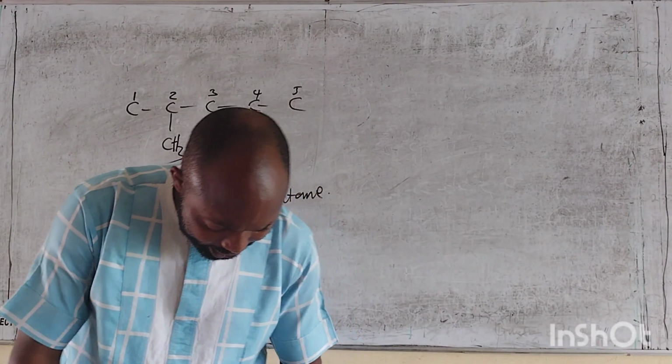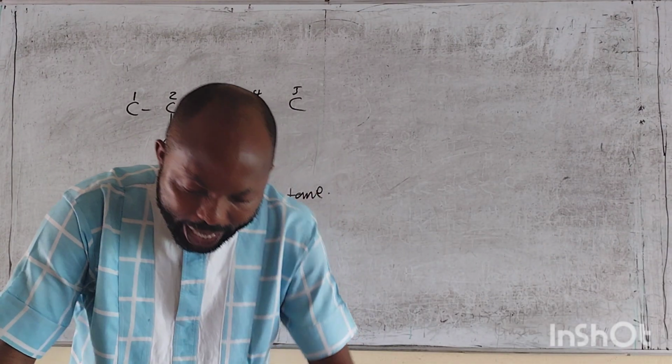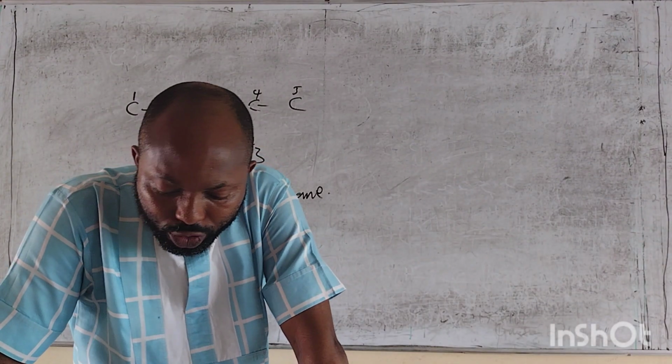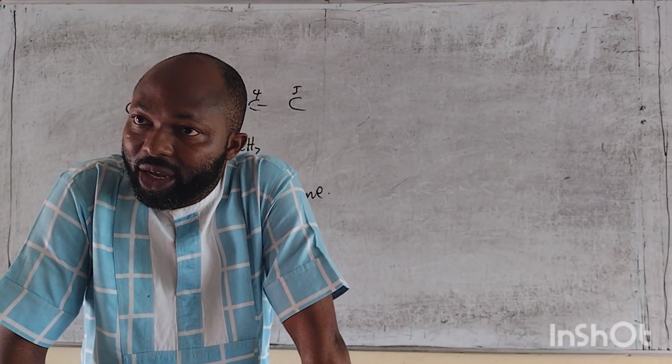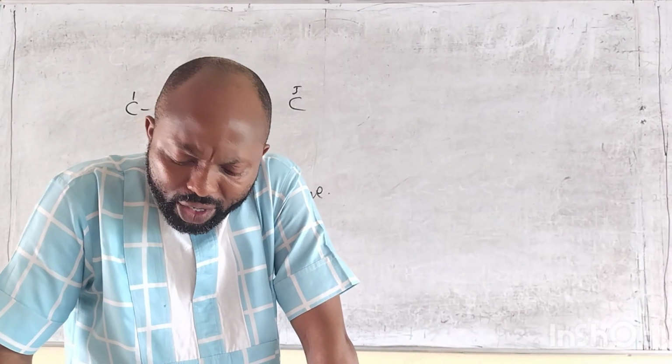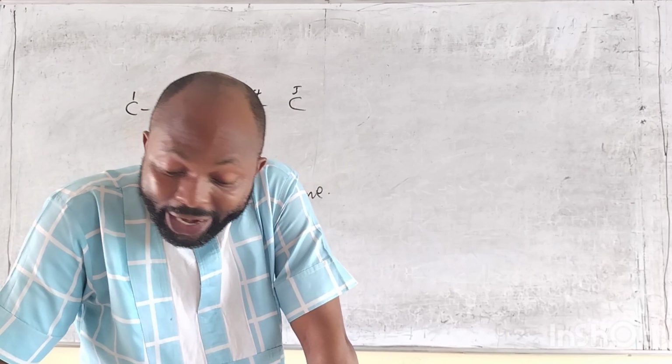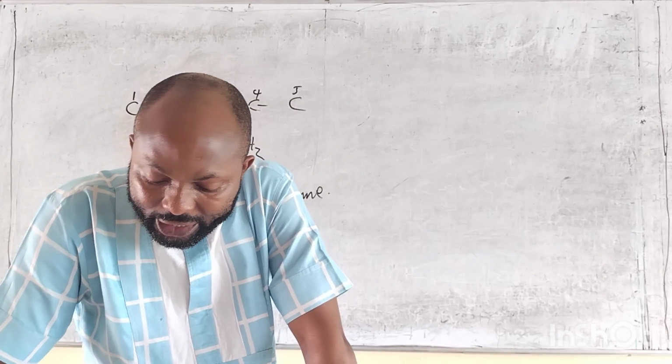Let's move further if we have more rules. 8. When any of the following heteroatoms or functional groups are substituents, they are named as prefixes to the parent names as indicated.